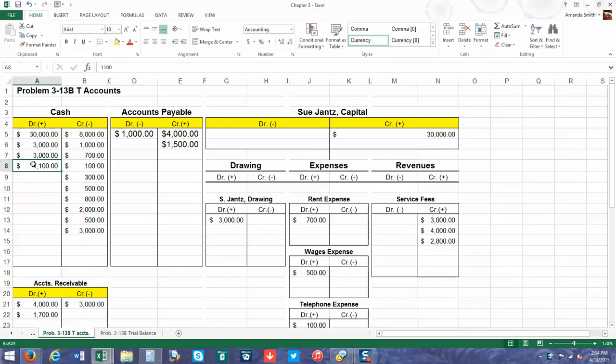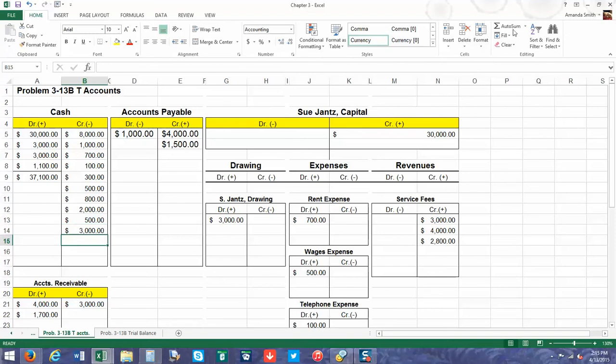So what we're going to do is we're going to put a line underneath it. Then we're going to have Excel do the math to save us time. So we have $37,100 in positive transactions.